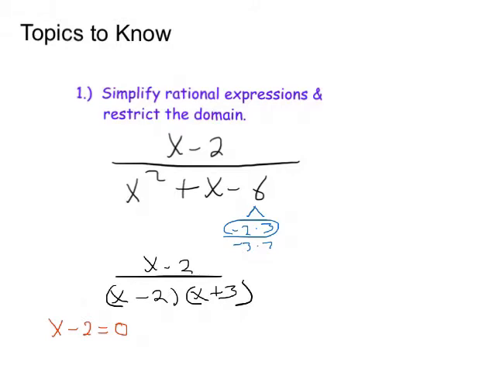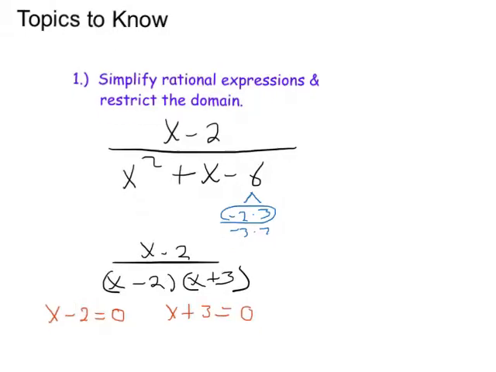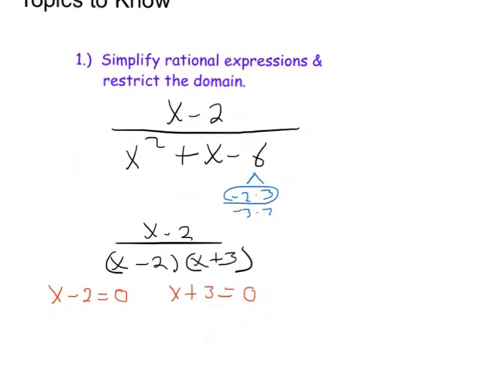Yes, there are 2 values that could cause the denominator to go to 0. If I add 2 to both sides here, I get x equals 2. And over here, if I subtract 3 from both sides, I get x equals negative 3. So there are 2 numbers that could cause the denominator to go to 0.